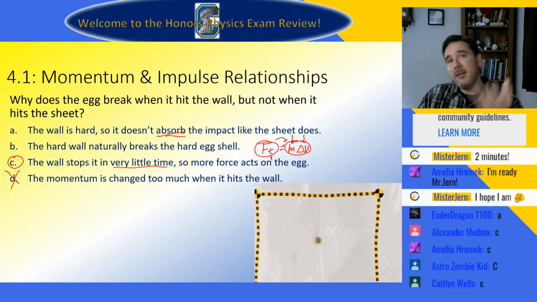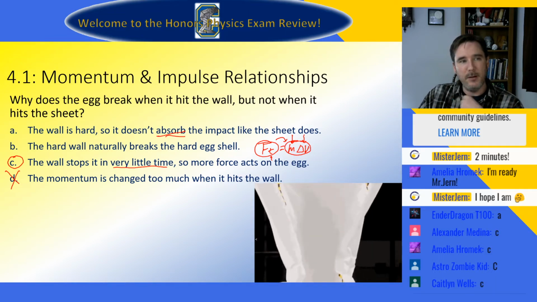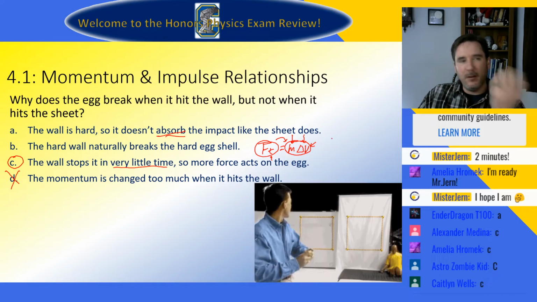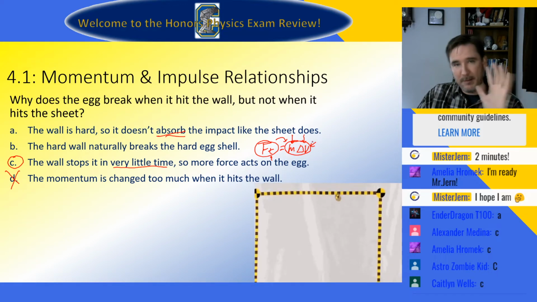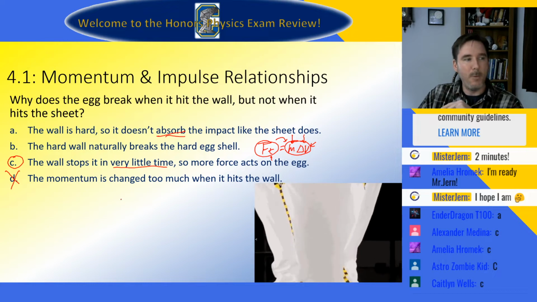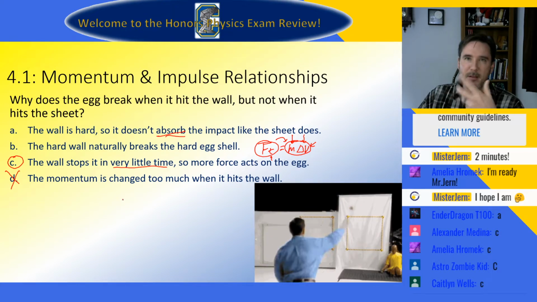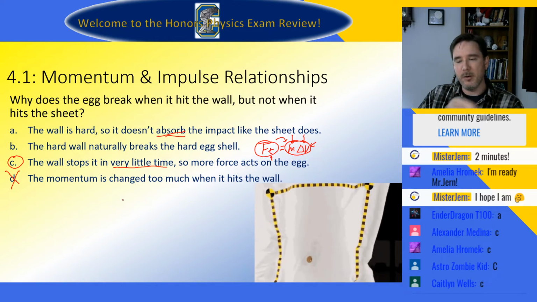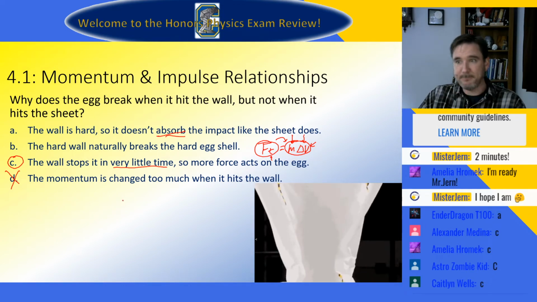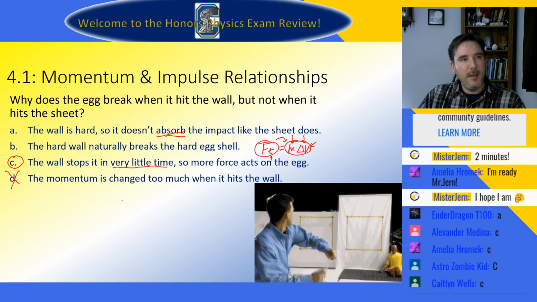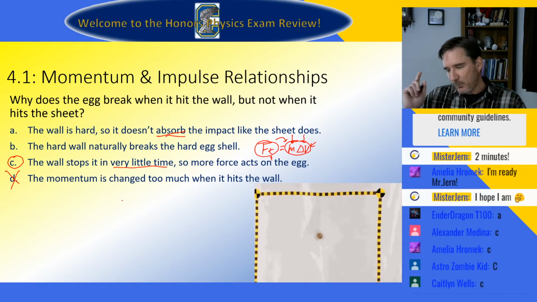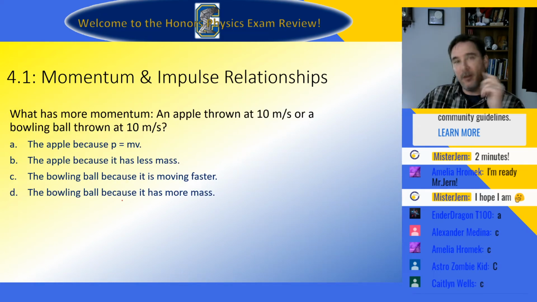So some combination of force and time is required to stop the ball or stop the egg. And so, bottom line, more force means less time, or less time means more force. More time means less force. All right? Very important. That was the whole egg dropping project was all about that.